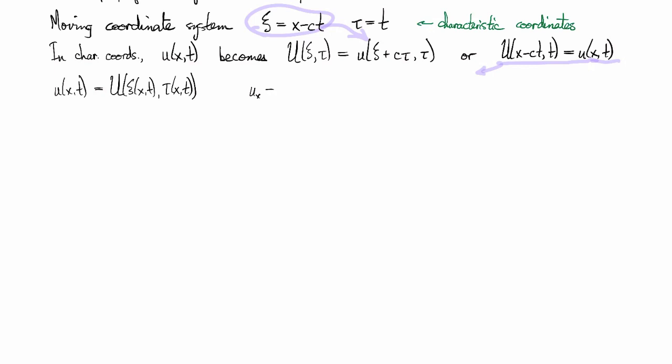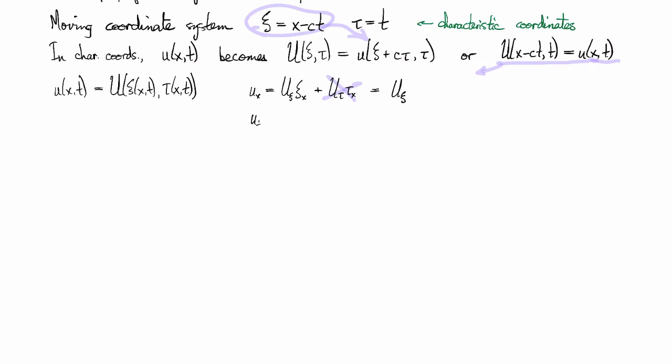So the partial with respect to x of this is U_ξ ξ_x plus U_τ τ_x. However, τ is independent of x, so that one goes away, and I'm just going to have U_ξ, and the derivative of ξ with respect to x is just 1. Okay, so we've got that.